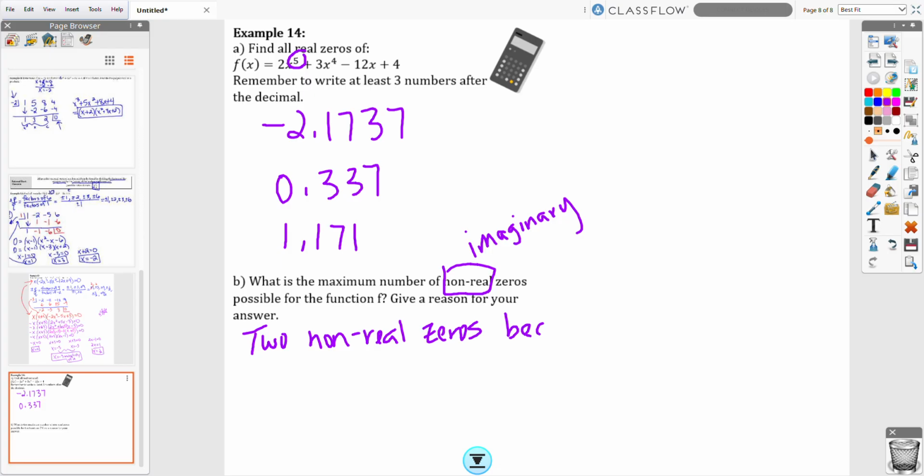because the degree of the polynomial is 5. So there should be a total of 5 solutions.